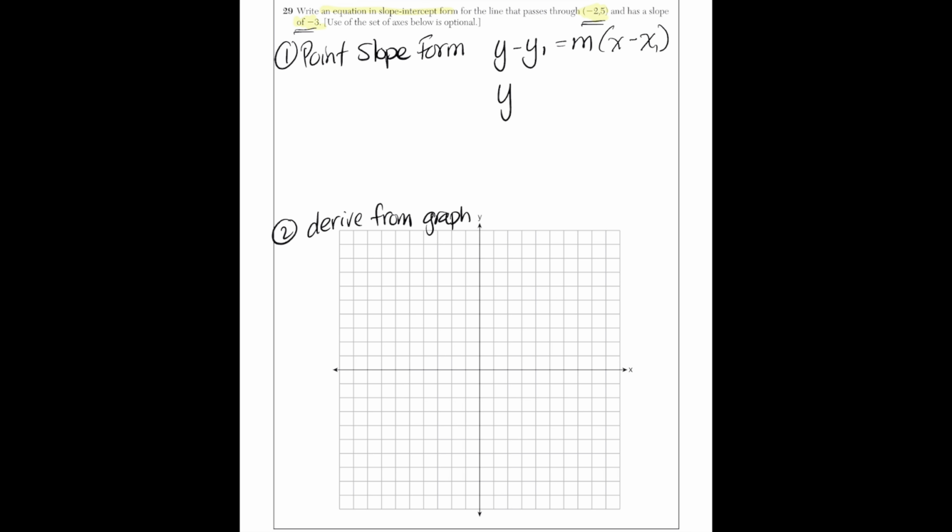So we can do y minus 5 is equal to, we know what m is, negative 3, times x minus, and this is the only place that can be a little tricky, x minus our negative 2.